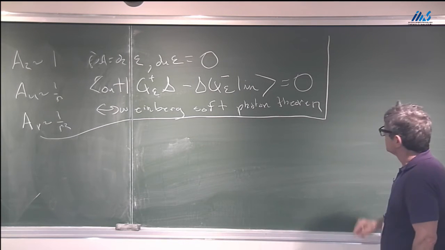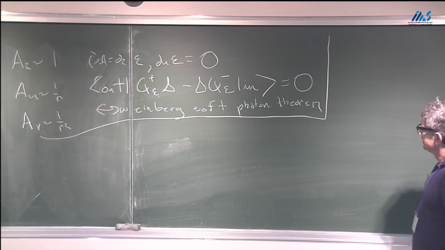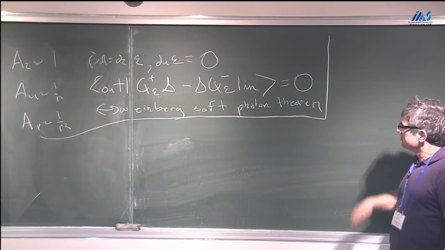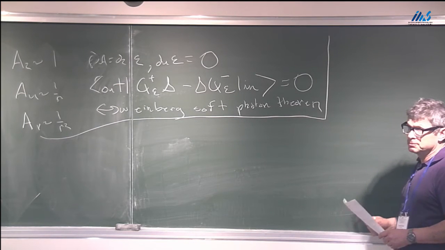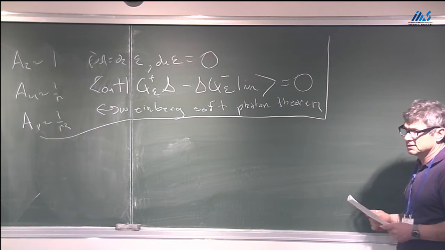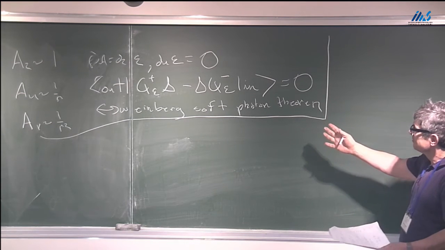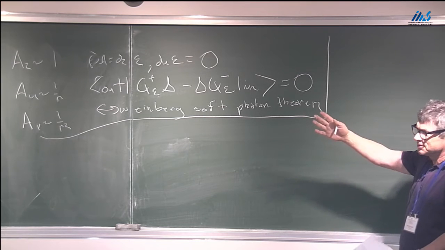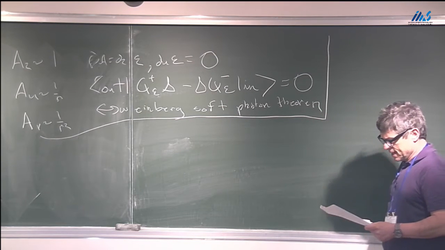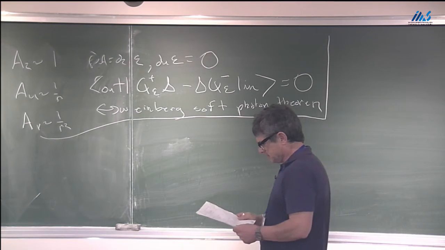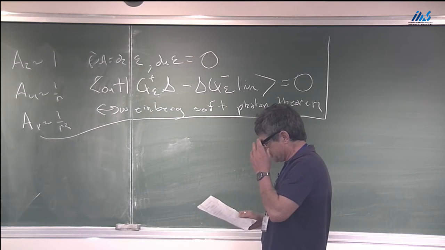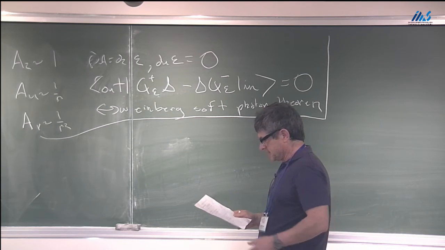But now, the Weinberg soft theorem is known to be correct, has been proven to all orders in perturbation theory. So the soft theorem is completely equivalent to the symmetries. And so we know that this is true in the quantum theory.